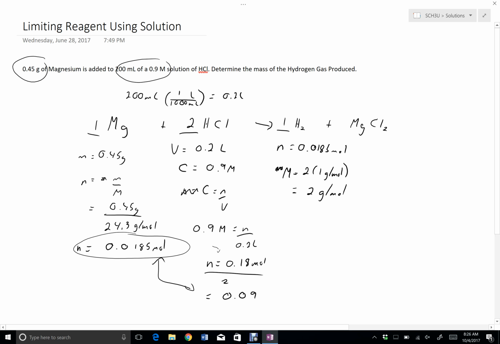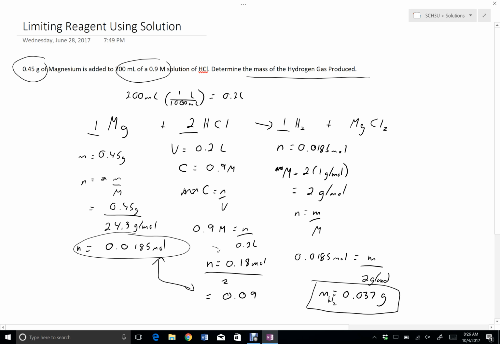And so my moles is equal to my mass over my molar mass, which means 0.0185 moles is equal to my mass divided by 2 grams per mole. So I get a mass of 0.037 grams of hydrogen gas. So that is the mass of hydrogen gas produced, H2.